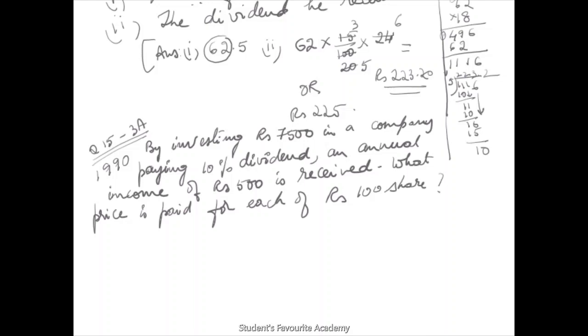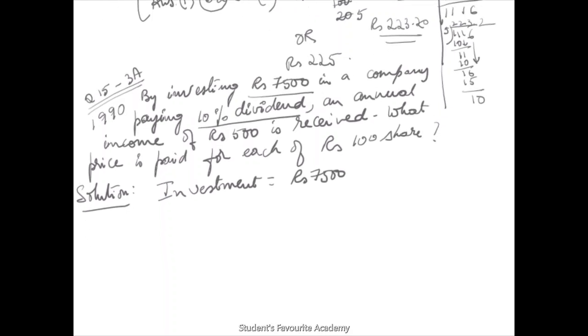By investing rupees 7,500. So we know the investment. Investment is given to us. So let me write down: investment is equal to rupees 7,500. Paying 10% dividend, so dividend percent, D percent, is given as 10%.